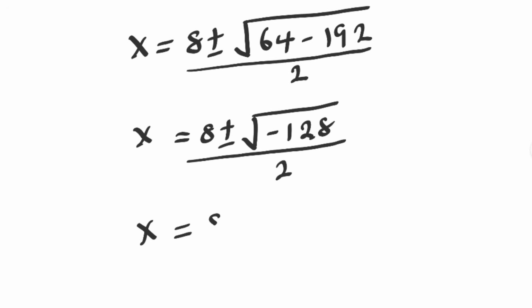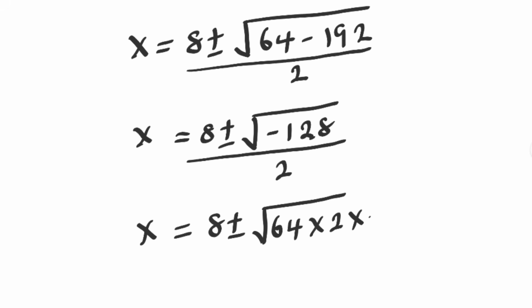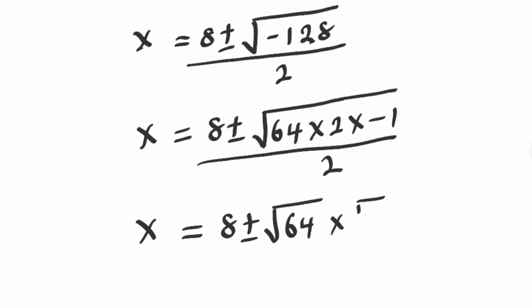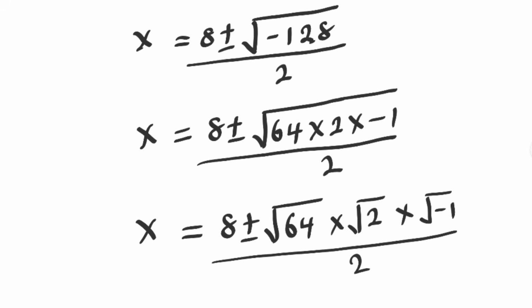x is equal to 8 plus or minus square root of minus 128, which can be written as square root of 64 multiplied by 2 multiplied by minus 1, divided by 2. x is equal to 8 plus or minus square root of 64 multiplied by square root of 2 multiplied by square root of minus 1, everything divided by 2.